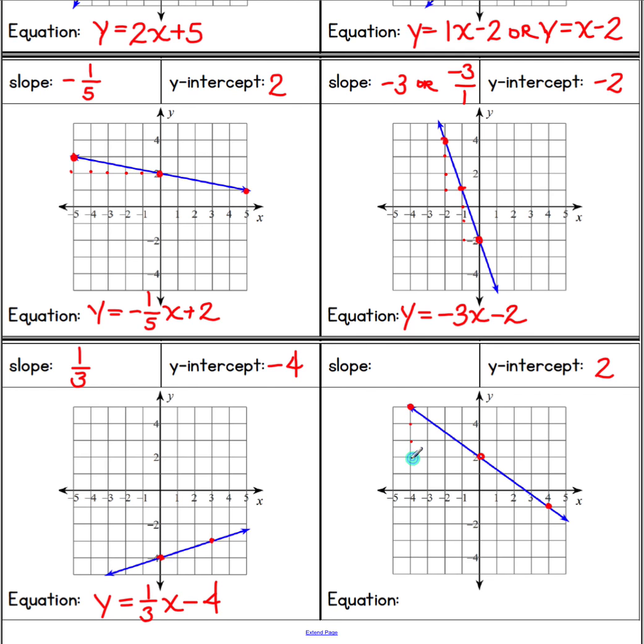So our slope is negative 3, going down 3 over 4. So a slope of negative 3/4. So y equals negative 3/4 x plus 2. Hopefully you did well on those examples, and now you are ready for your assignment.